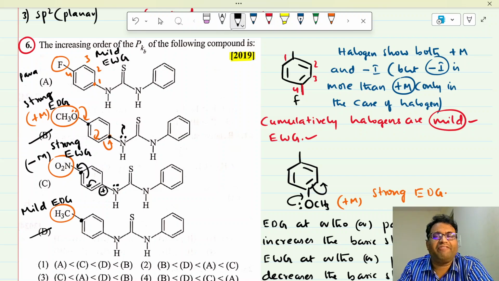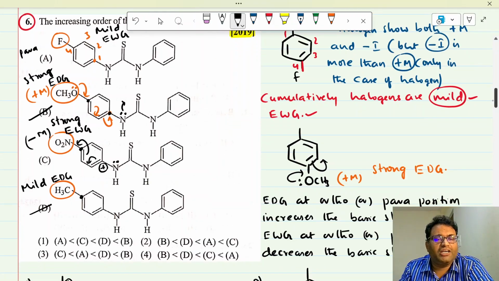So electron donating groups are present in options B and D, and the strong one is in B. After B you have D. After D, fluorine is mild electron withdrawing, whereas nitro is strong electron withdrawing.